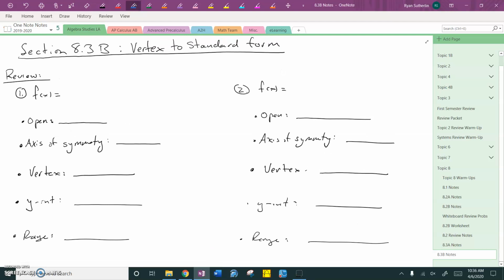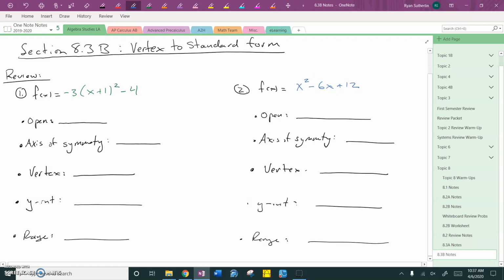For the first one, let's make this one -3(x + 1)² - 4. And for the second one, let's do x² - 6x + 12.